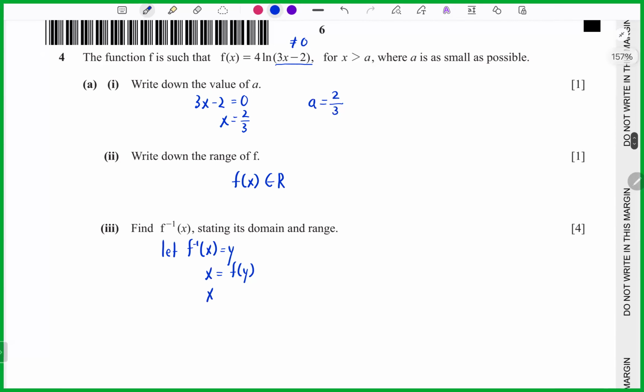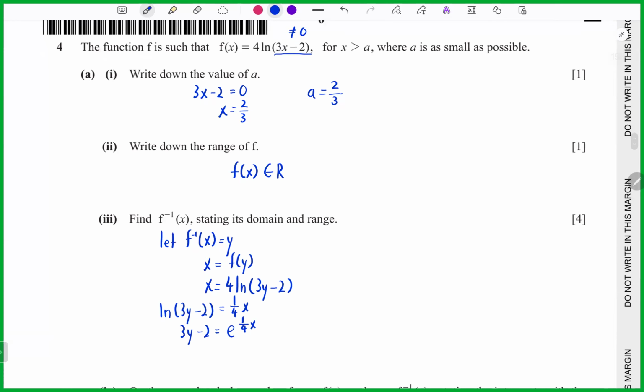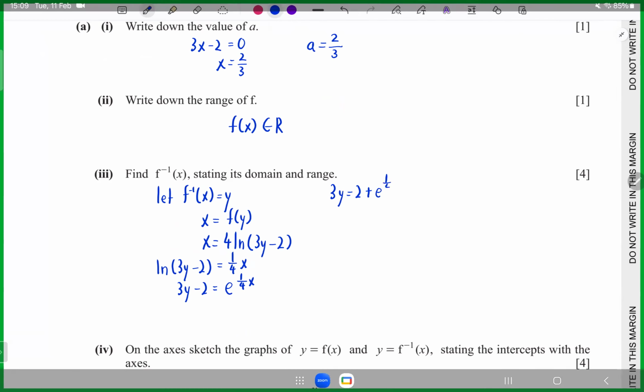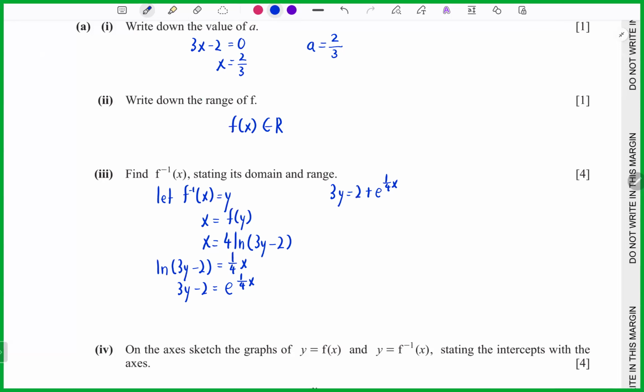Write here x equals 4 ln(3y minus 2). ln(3y minus 2) equals 1 over 4x. 3y minus 2 equals e to the power 1 over 4x.